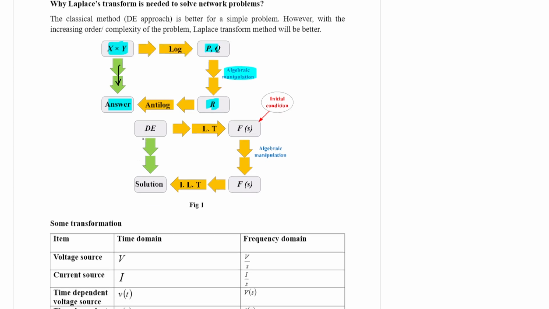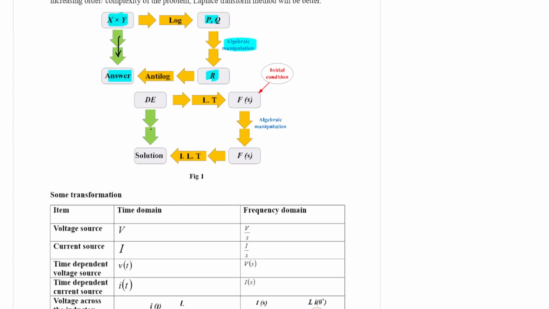Just like this, if we have a very ordinary, straightforward differential equation, the straight path, which is the time domain approach or classical approach, will work very well. However, if the problem is too large, too complex to handle, then we must apply the Laplace transform. From the time domain, it first converts to the frequency domain, which is called F(s).